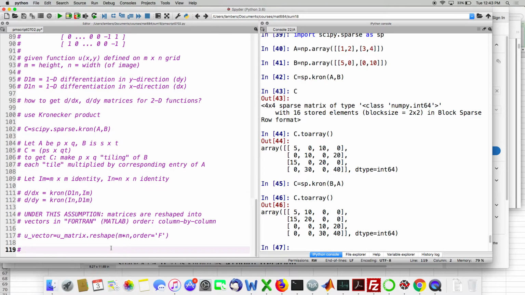So in C order, DDX is the Kronecker product of the M by M identity, so the order of these is reversed. That's something to keep in mind there.